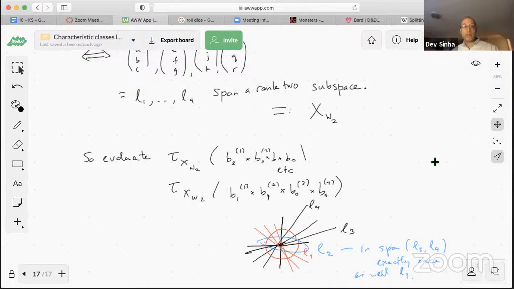And then similarly, so this implies, once you have transversality, that this equals 1, and similarly, this is symmetric. All of these are symmetric. So once I do one case of B1 cross B1 cross B0 cross B0, I also have, for example, B0 cross B1 cross B1 cross B0.